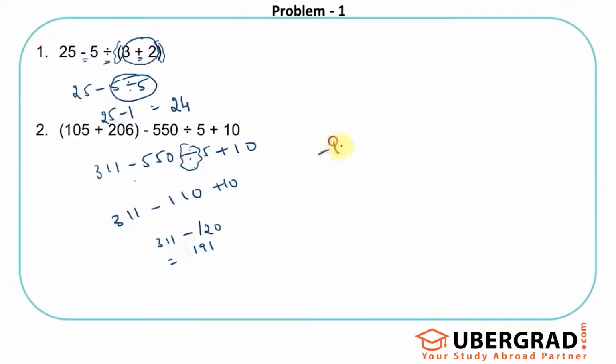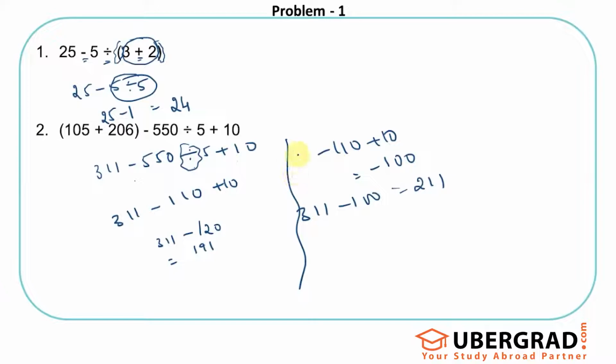Sometimes you see it's minus 110 plus 10, so should I deal with it as minus 100, and then 311 minus 100 will give me 211? Just be careful. It mostly depends on the context. Don't see this expression that way. Rather, it should be seen as me doing 311 minus 110 plus 10, so plus is what I need to prioritize.